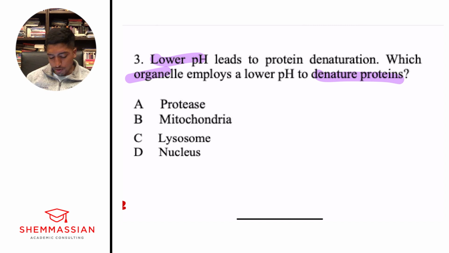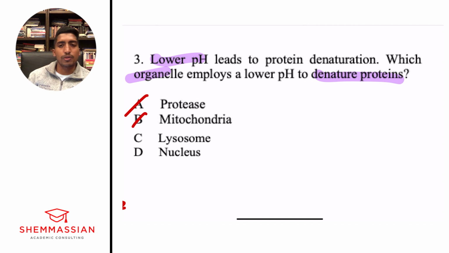So A, protease. Protease is an enzyme. It's not really an organelle, so we can eliminate A pretty quickly. B, mitochondria, powerhouse of the cell. Not really what we associate with denaturing proteins, right? We associate it with metabolism, electron transport chain, energy production, not really denaturing proteins. So we can eliminate B. C, lysosome. This is a good answer.